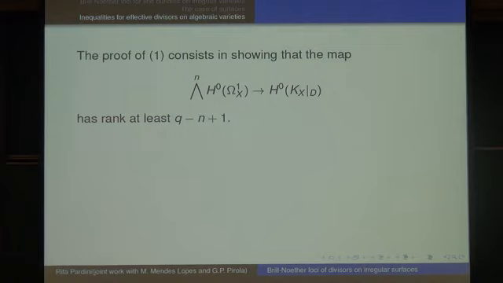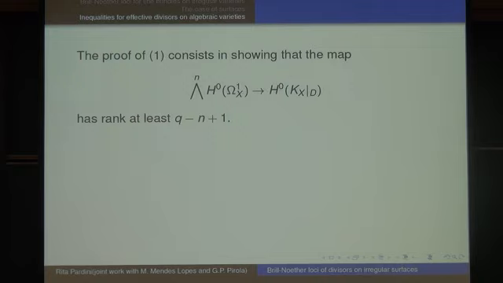And the proof of 1 is just taking, we want to bound the dimension of the image of global forms on the surface inside this space.